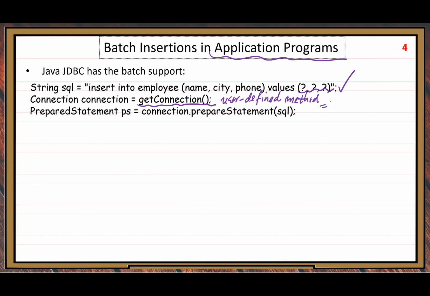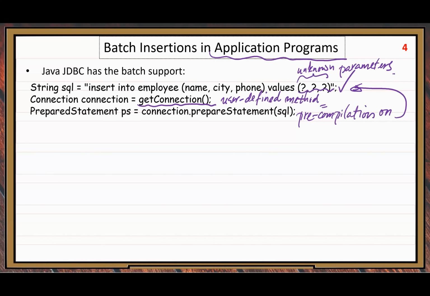The code there is pretty much standard. We just copy and paste it there. Here I skipped that part. Then we use prepared statement. So this line, we compile the query command. We call it pre-compilation.